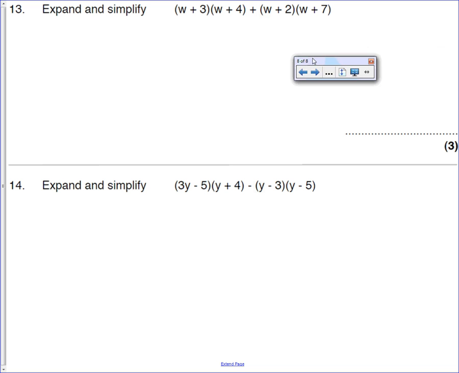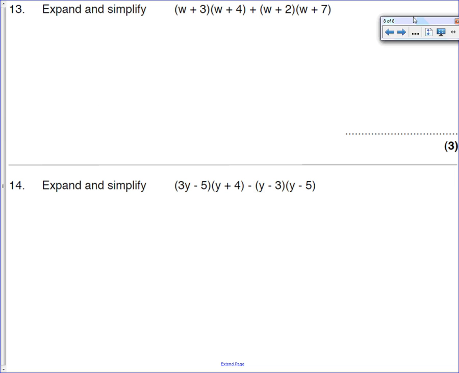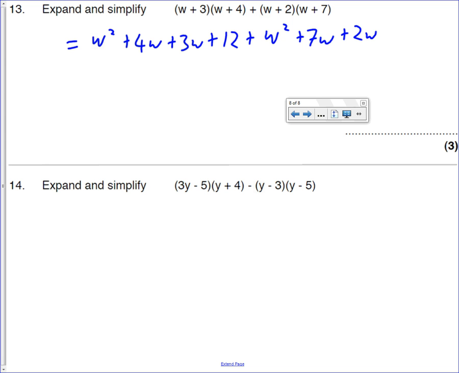Right, so 13 and 14 got to expand two sets of double brackets and then simplify. So the first set, w times w, w squared, w times 4, 4w, w times 3, 3w, 3 times 4, 12. I've got to add to that w times w is w squared, 7 times w is 7w, 3 times w, 2w, 3 times 7, 14.